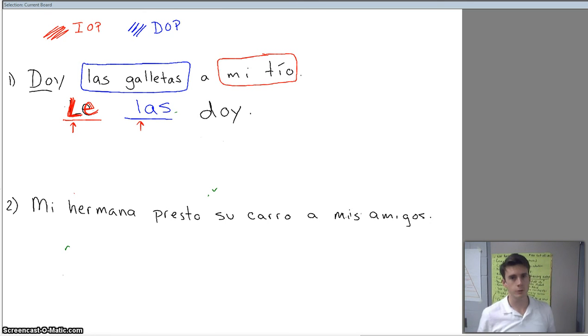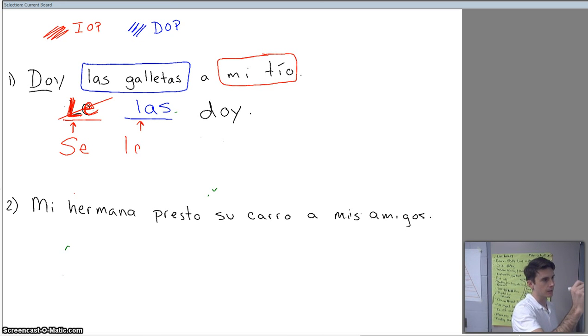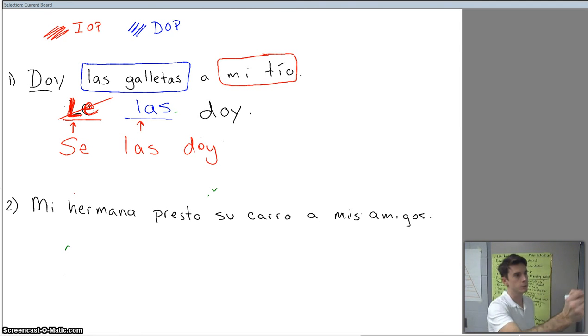So anytime you're going to use the direct object pronouns lo, la, los, las, with the indirect object pronouns le or les, we've got to change our le to se. So it will become se las doy, for I give them to him.